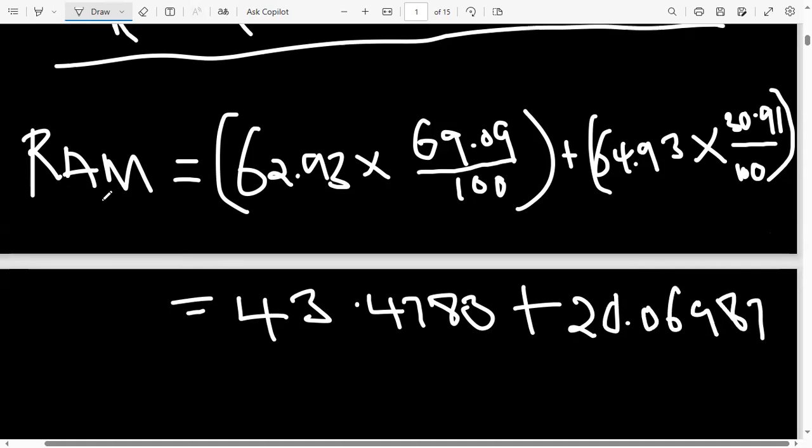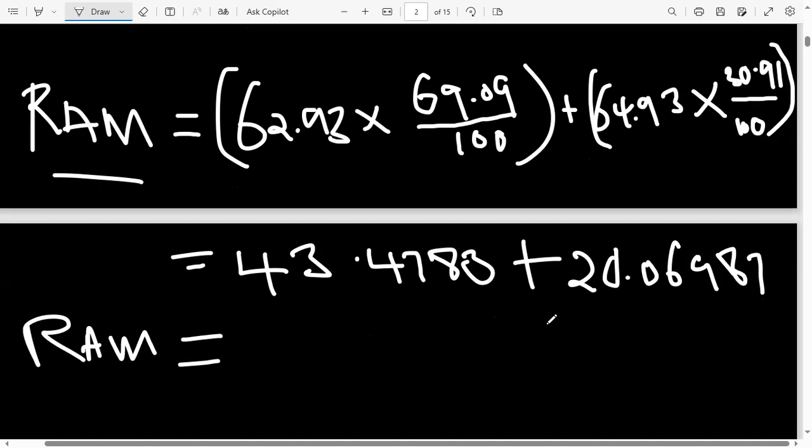Okay, so to find the final relative atomic mass, I'll add these guys here. So when I add these guys, what do I get? Plus 43.0783.